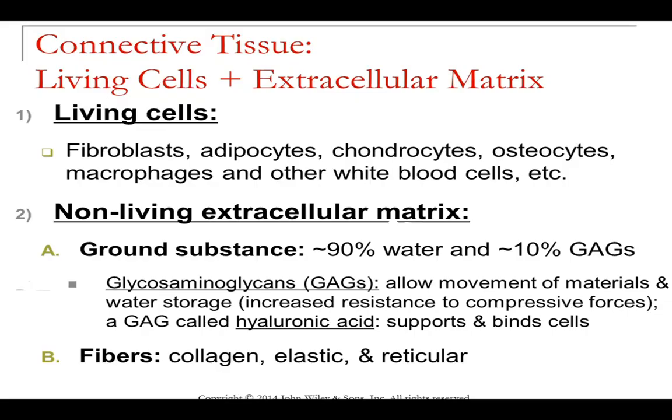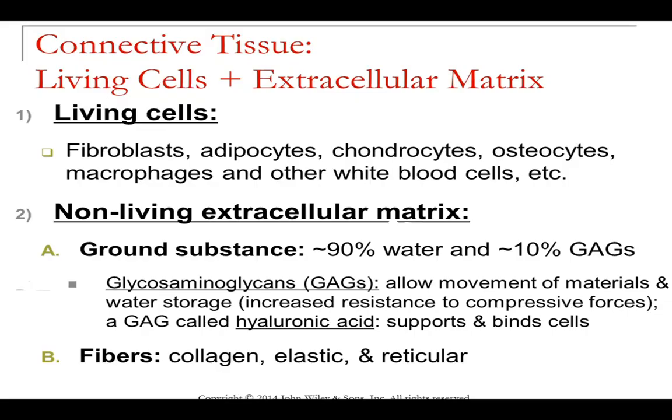With chondrocytes, chondrocytes are the mature cells found in cartilage. And cartilage is a type of connective tissue. These chondrocytes are always located within these little pockets or pools, as I like to call them.